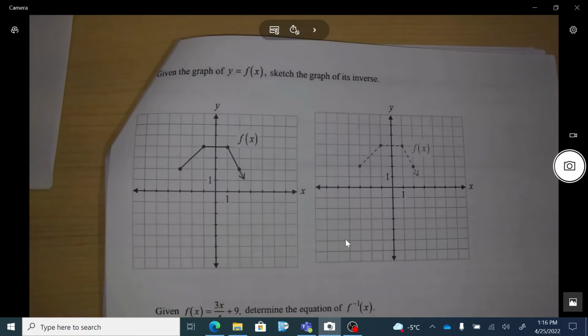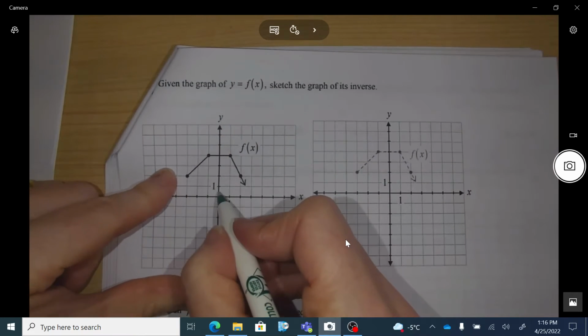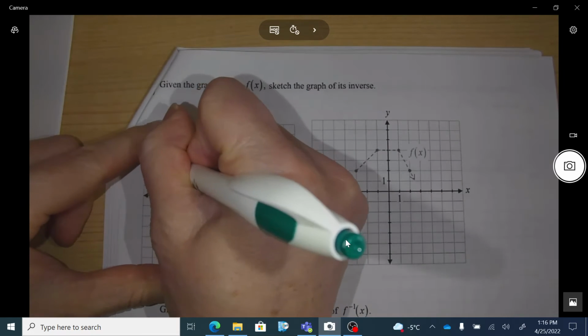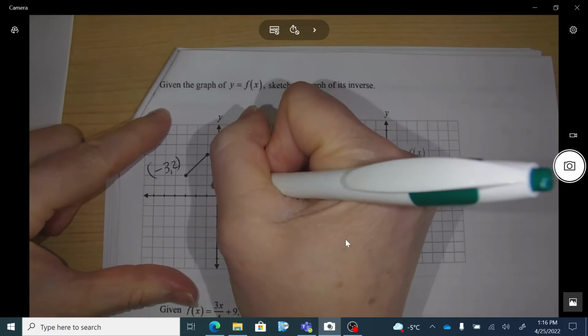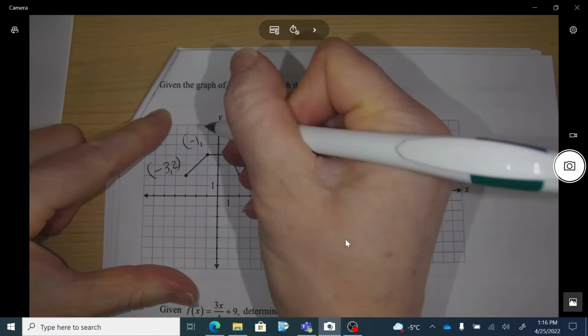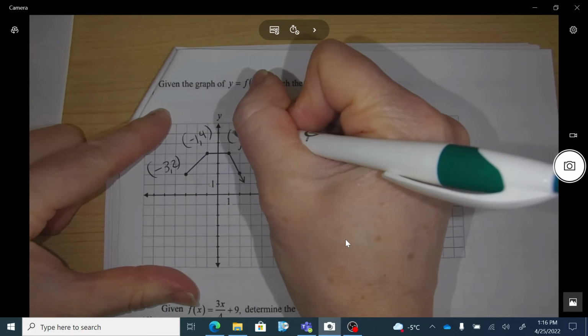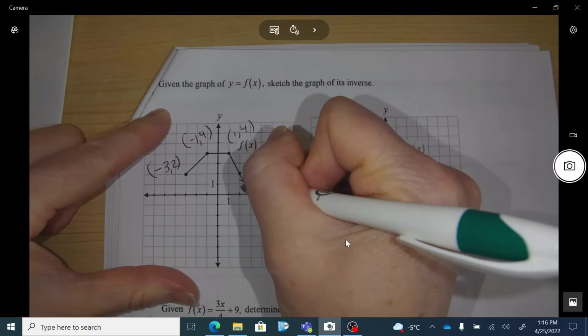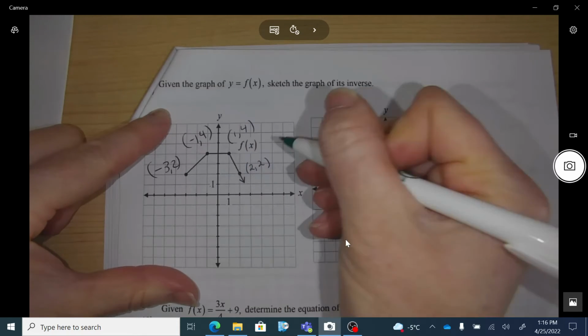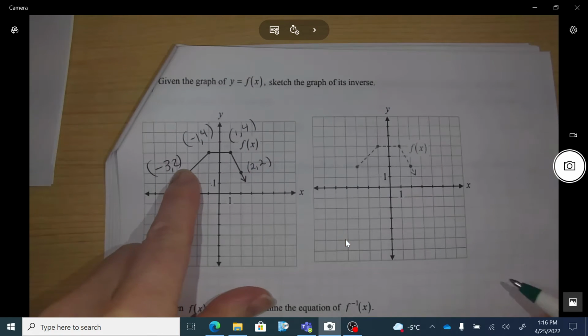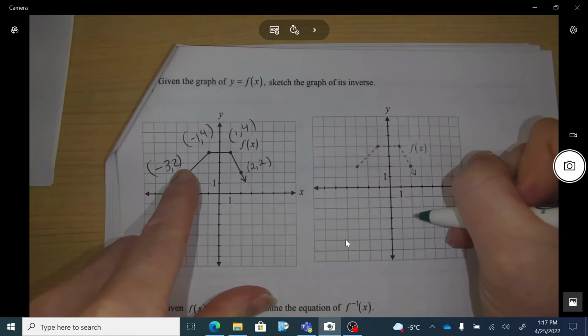Sketch the graph of the inverse. So I'm going to grab some points here. 1, 2, 3. -3, 2. -1, 4. 1, 4. And 2, 2. So I need a 2, -3.